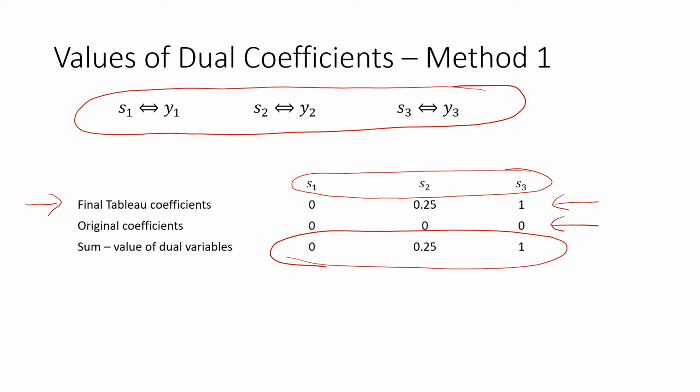Now, this is highlighting something that is important. Remember that those dual variables, in many cases, are your slack variables in your constraints. Each of the dual variables is related to one of those equations. The values of the slack variables are related to whether or not that constraint is binding in your original problem.